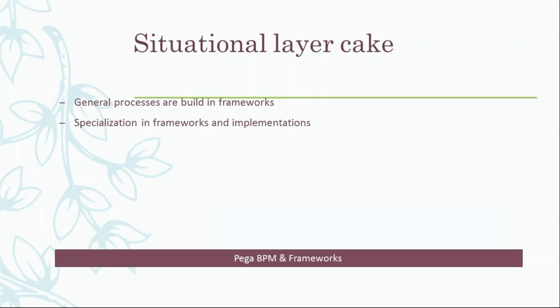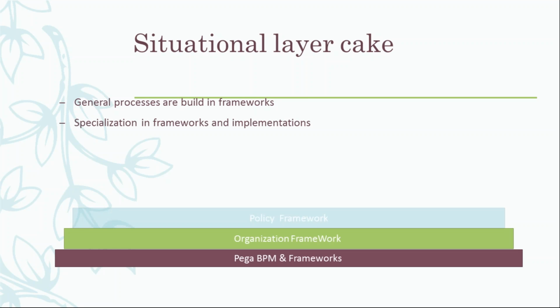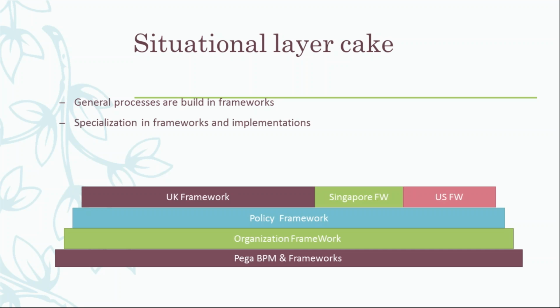Initially you have the Pega BPM framework. Say you are working on an insurance application with different products: general insurance, motor, travel, home, pet. What we did was create a situation layer cake. We have the Pega rules as a base layer, and then the organization-level framework and the policy-related frameworks for motor, travel, home, and pet.